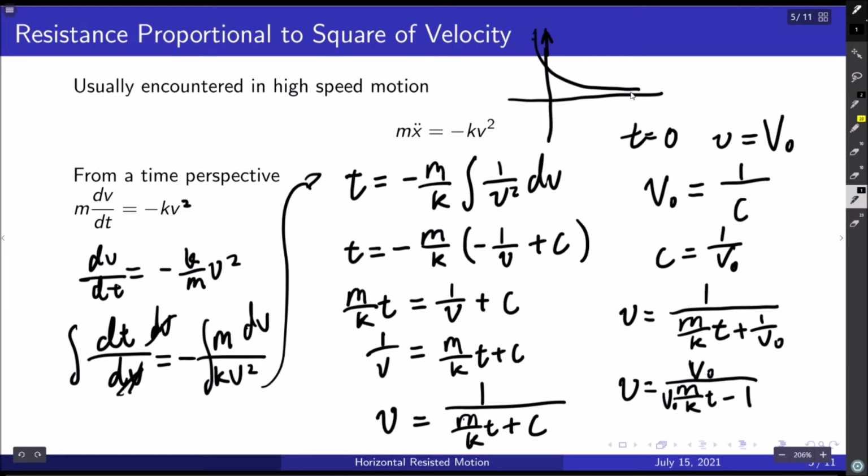As time increases, the v gets slower and slower, but the amount of decrease also decreases over time. So it will be a curve quite similar to the previous one, where it's just proportional to velocity, but there will be some differences. Okay, now let's look at how to examine it in terms of displacement.